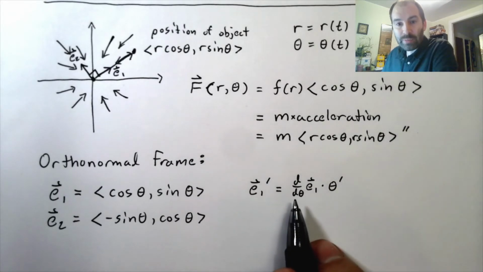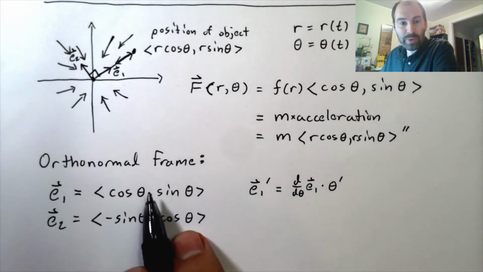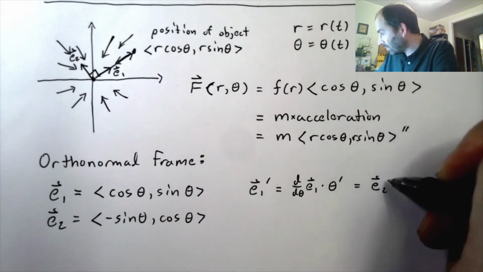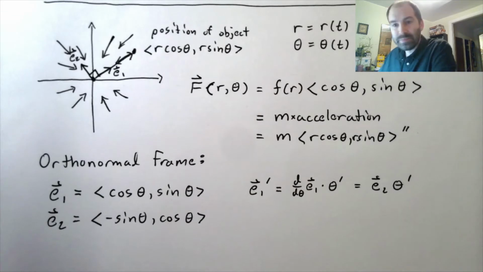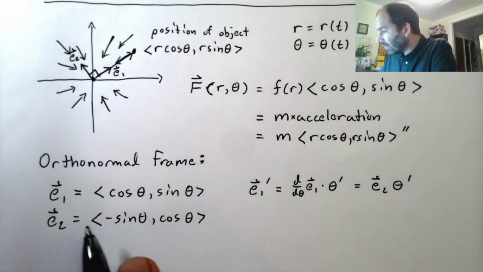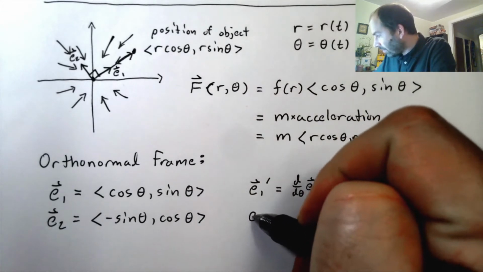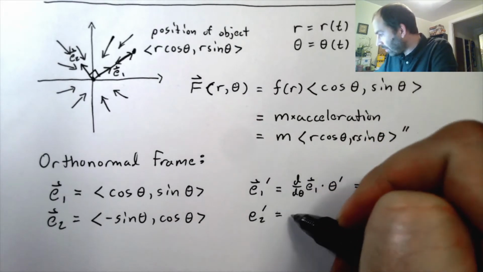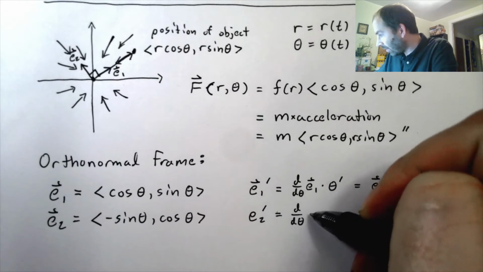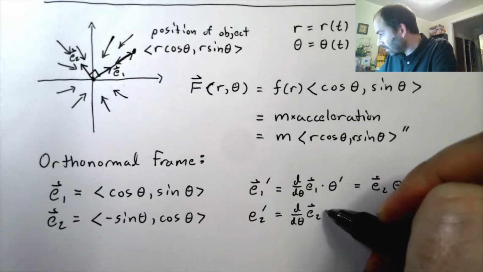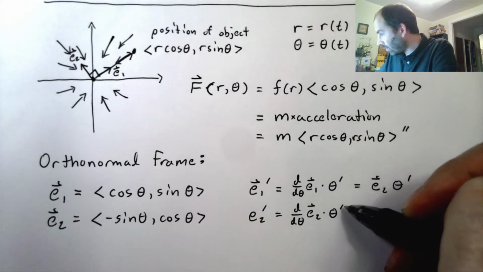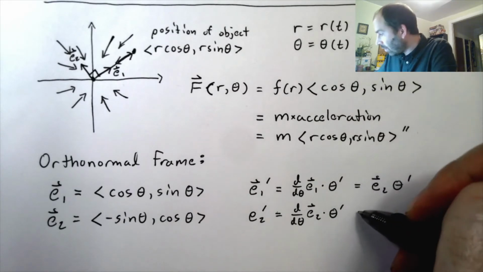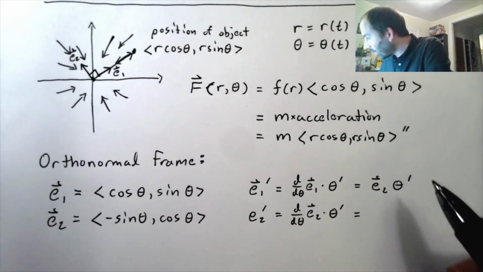But as we observed, the derivative of E1 with respect to theta is actually E2. So we have this nice relationship here.